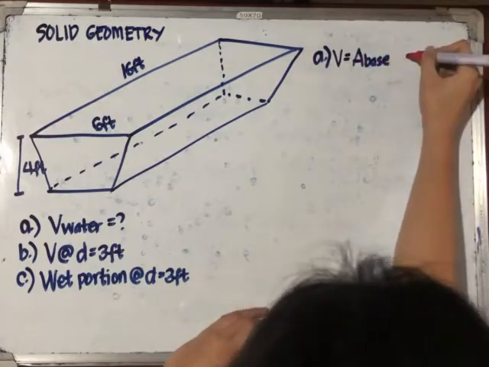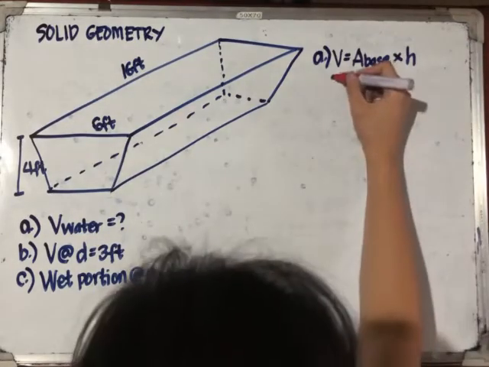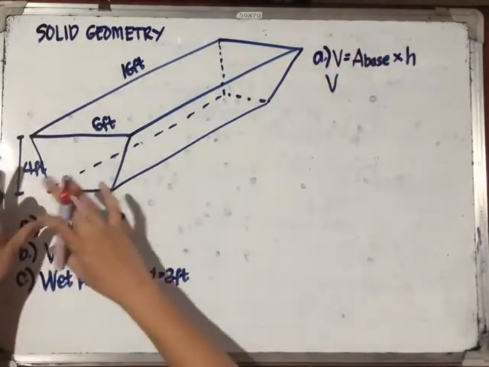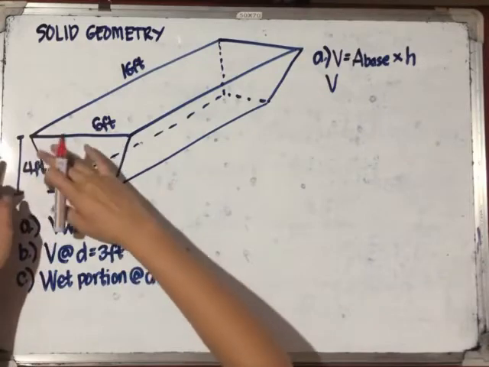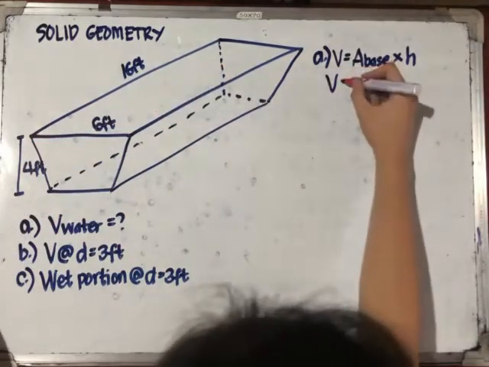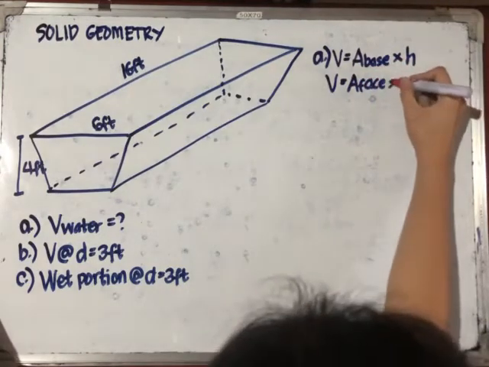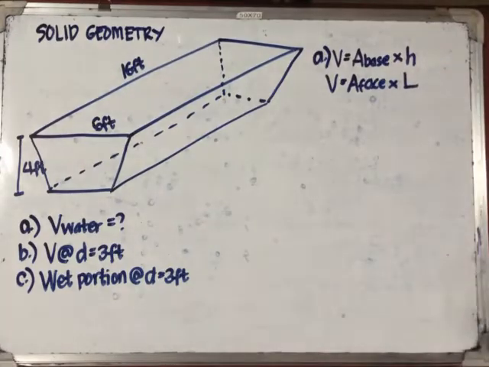Get the area of the base multiplied by the height of the prism. But in this case, since ganito yung itsura niya, and ang base niya is itong trapezoid, no? That's the consistent face kasi na makikita mo dyan. We can get siguro the area of the face, multiply natin by the length ng figure natin.